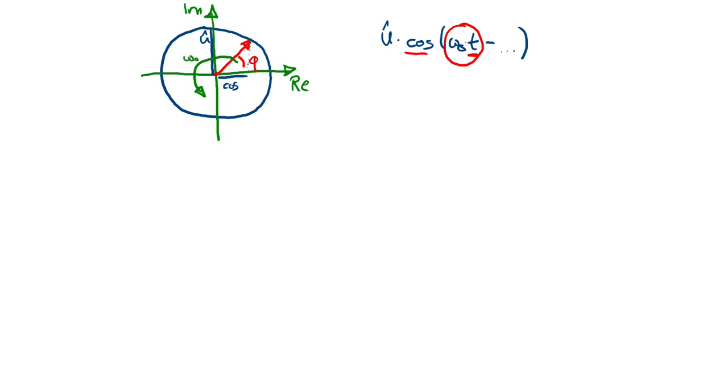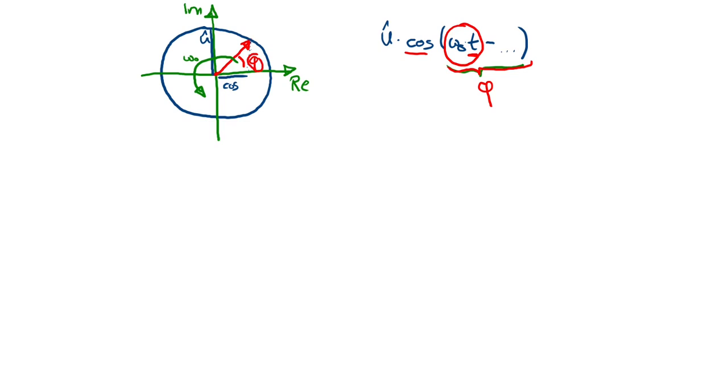So now you understand why it is called angular frequency. It's the frequency at which the phase changes, the phase phi. So the argument of the cosine function is that argument phi, what we see here.